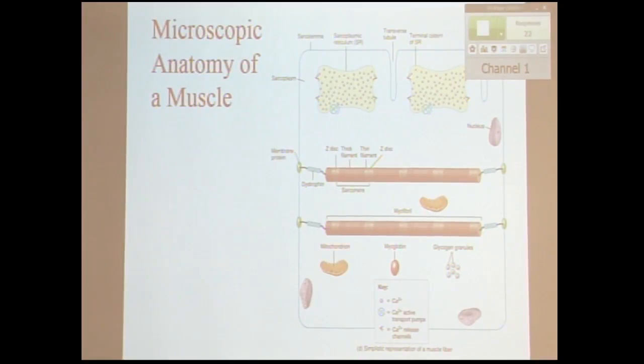They're going to attach to the cell next to it. So it's like those desmosomes or adherence junctions that we did way back in chapter whatever. So each cell is very firmly anchored to the other so that they move. When one contracts, it just pulls on the other one next to it. They don't separate from each other. So all the cells are attached together.